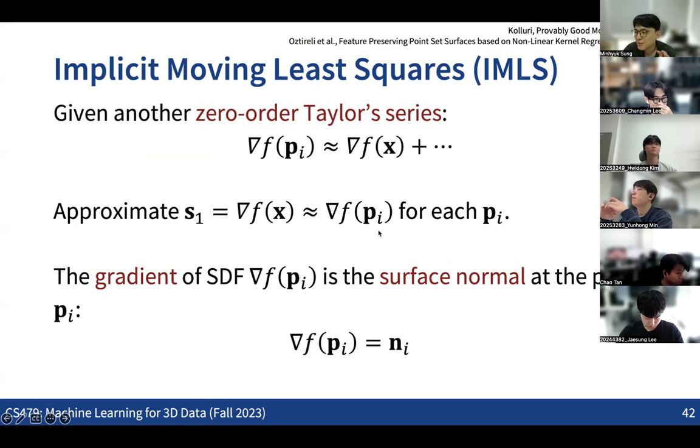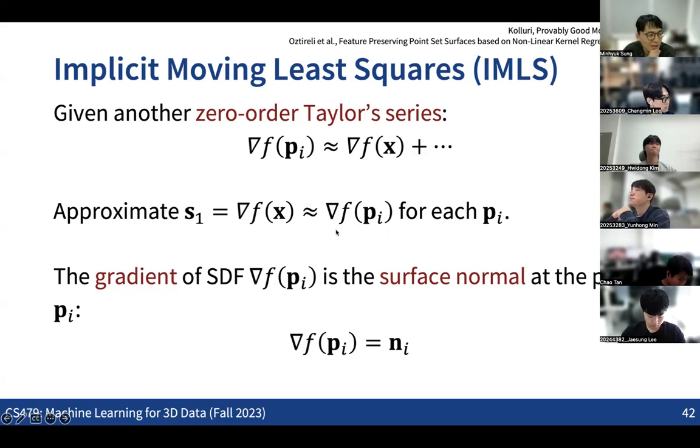So this is really a bad approximation, but let's see what happens when you use it. If we replace S1, the gradient at the query point, with the gradient at each of the pi here, what is this?